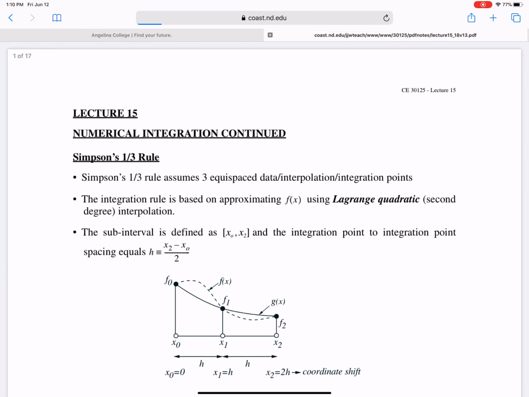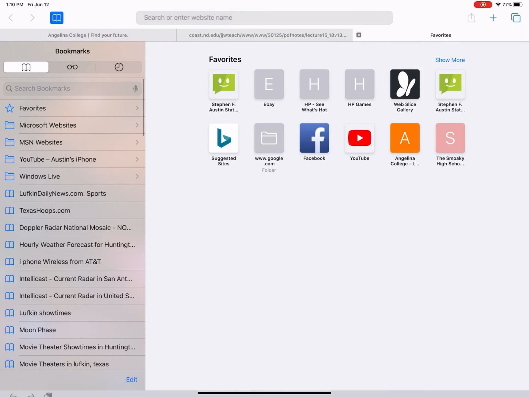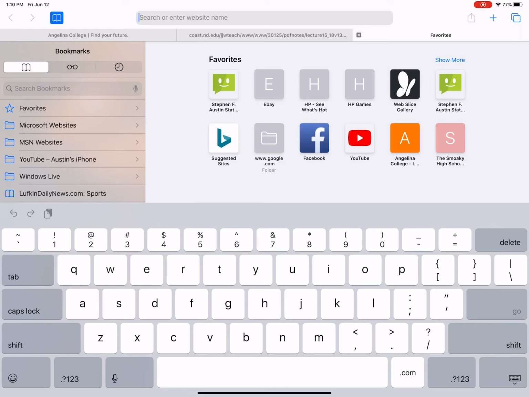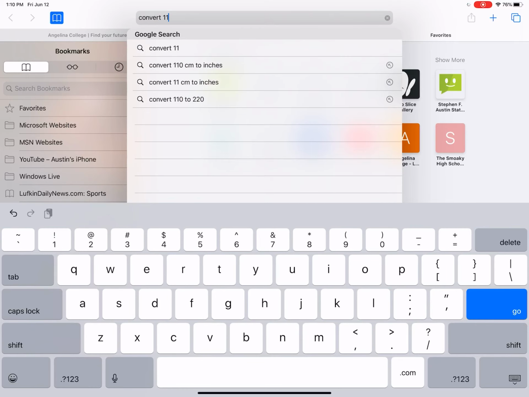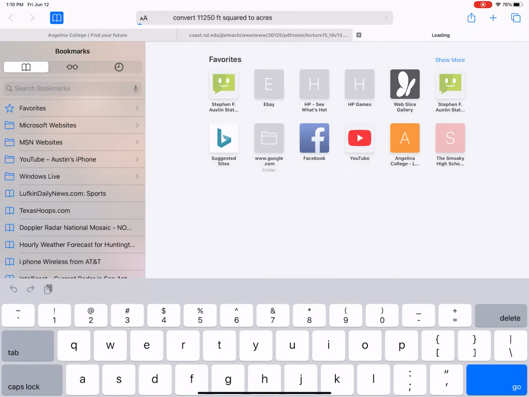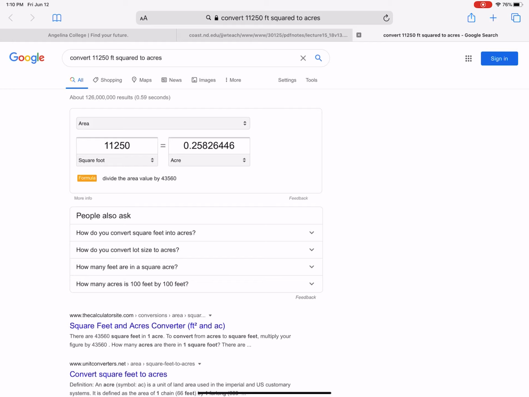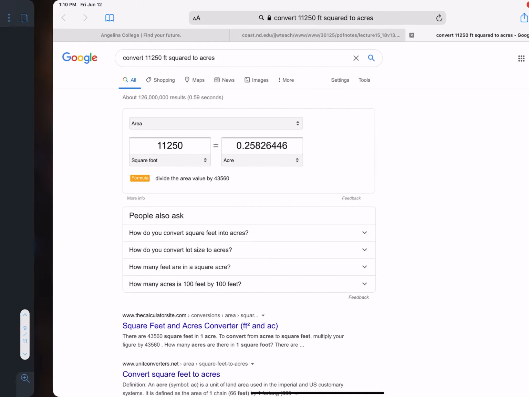Let's try this: convert 11,250 feet squared to acres. So that would be a little over 1/4 of an acre.